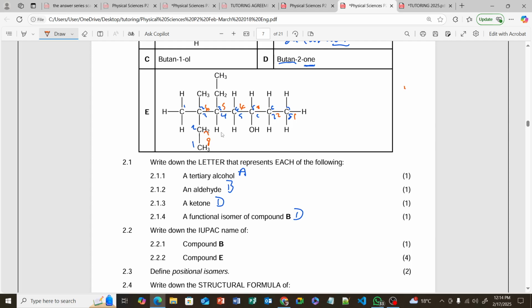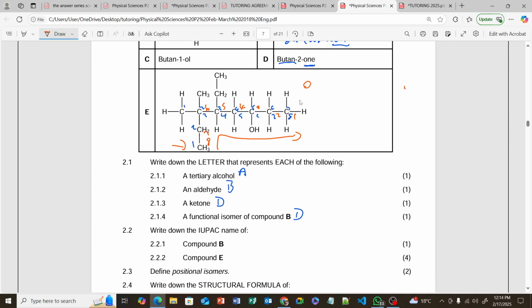So remember, we wanted the numbers of the branches to have the lowest possible numbers. So we're going to number from this carbon like this. That will be the direction of numbering the longest chain, so that the branches can have the lowest number possible. Now we have figured out that the longest chain is, I mean not hex but oct because of 8.